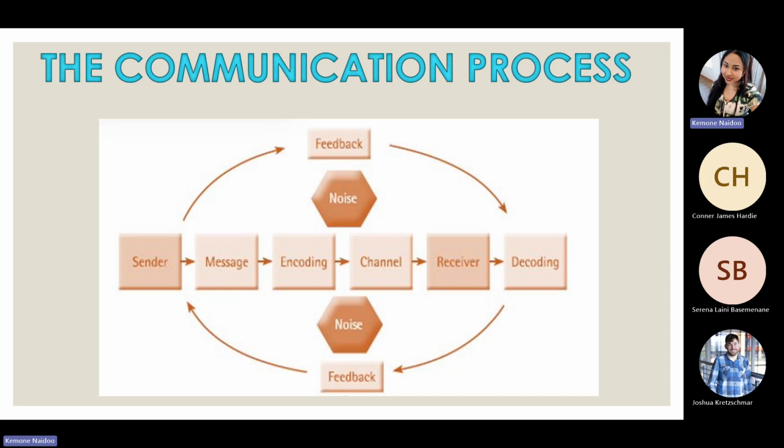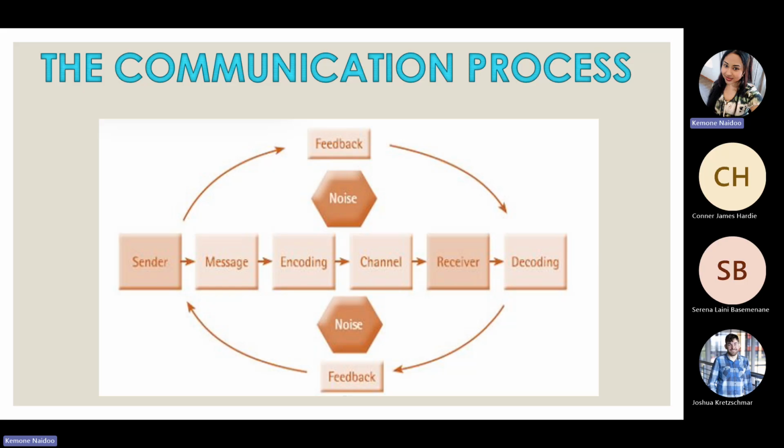Once the receiver receives this message, they will begin decoding. Decoding means they're breaking this message down to their understanding. If they don't understand this message, they will give feedback back to the sender. The sender will receive this feedback and generate a new message that gets sent back to the receiver. This is how the communication process works, and it will go back and forth.